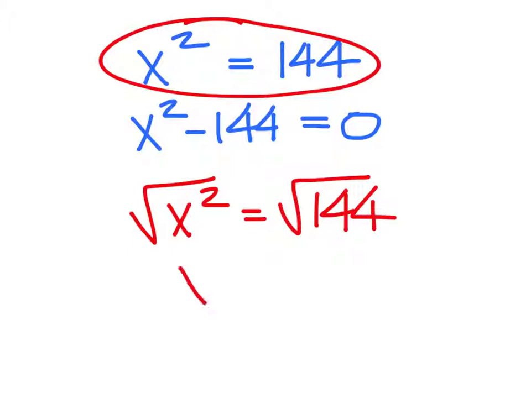The square root of x squared is x, and the square root of 144 is plus or minus 12. So there are your answers, -12, +12. You could put plus or minus 12. And you can do that for the imaginary numbers coming up too.